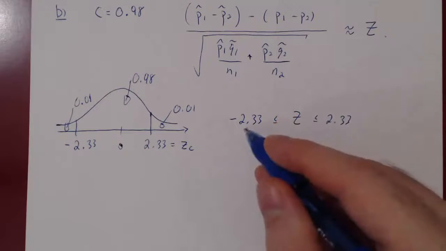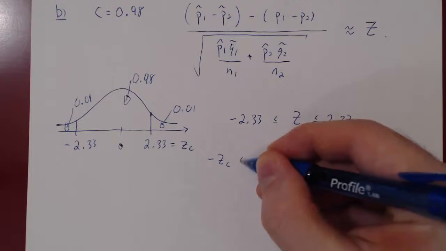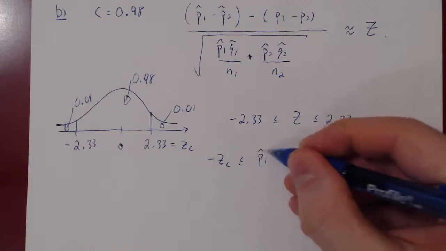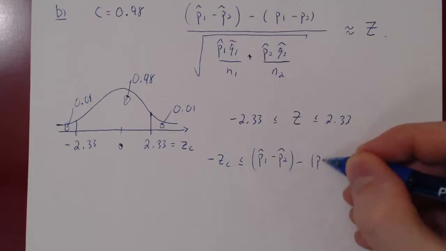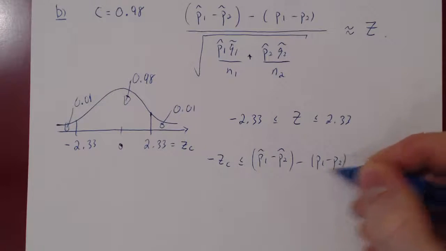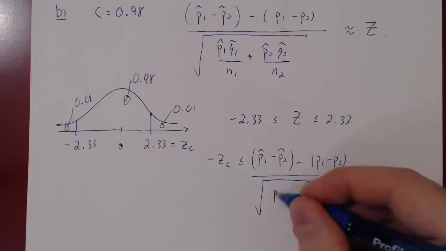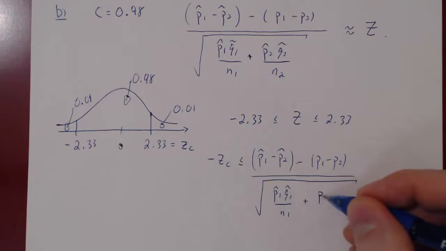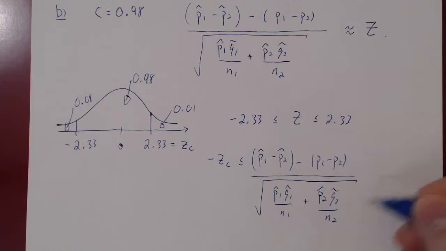So we have, and I'll just write negative ZC here, negative ZC is at most our statistic, so P1 hat minus P2 hat minus (P1 minus P2) over the root of P1 hat Q1 hat over N1 plus P2 hat Q2 hat over N2, and this will be at most ZC.